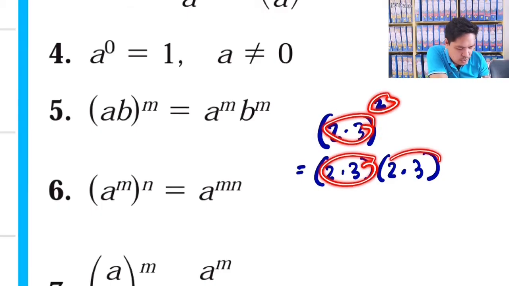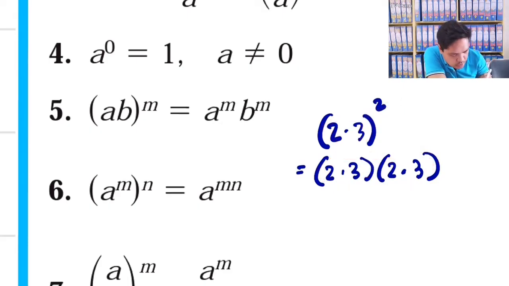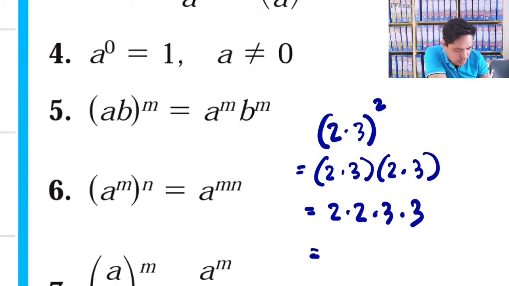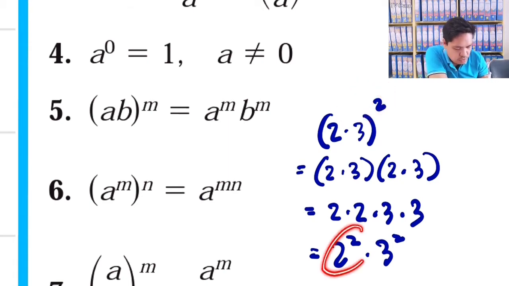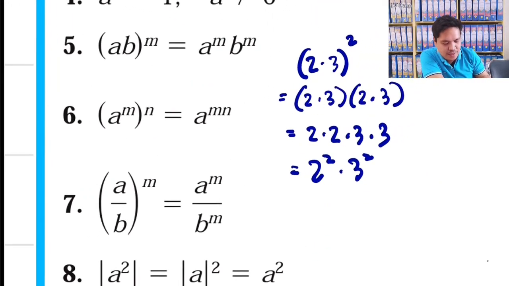And kung i-rearrange natin, kasi multiplication naman lahat, so 2 times 2 times 3 times 3, which is the same as 2 squared times 3 squared. So, it's as if dinistribute na lang yung exponent. So, 2 squared times 3 squared. The same pa rin.